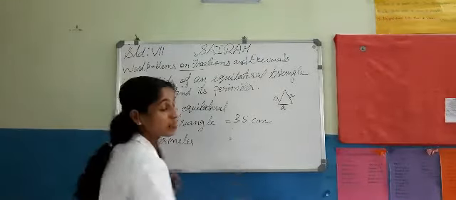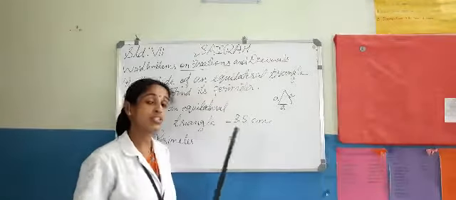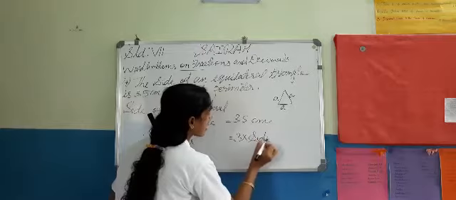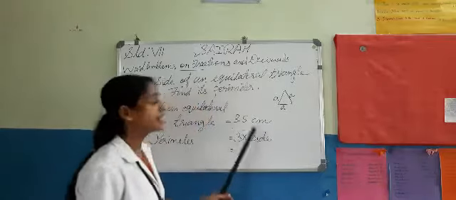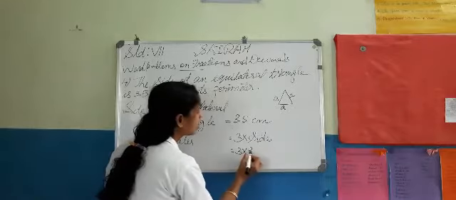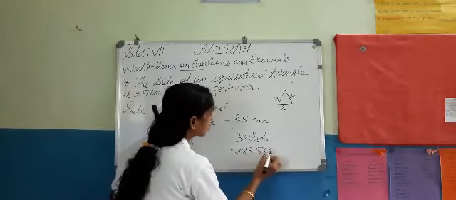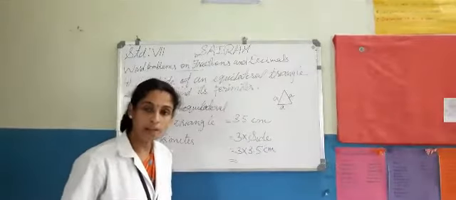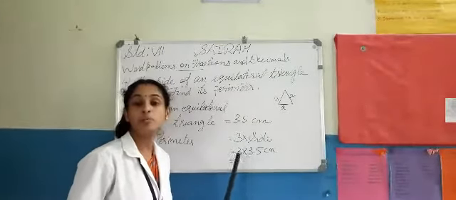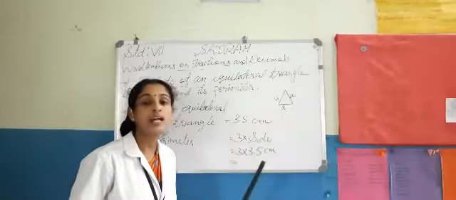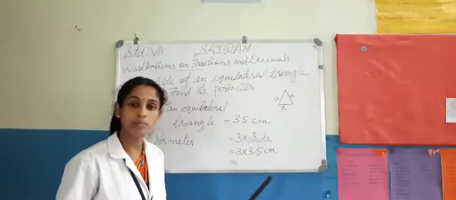For finding the perimeter, we can use its formula. What is that? 3 into side. Here, the side is given, isn't it? Just apply that. 3 into 3.5 centimeter. Multiply a decimal number by a whole number. How to multiply?